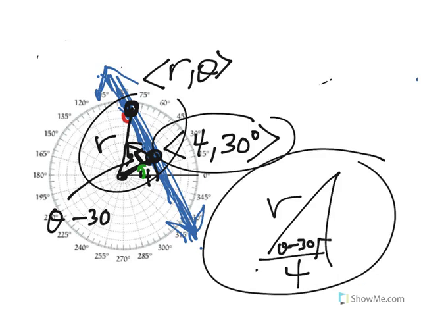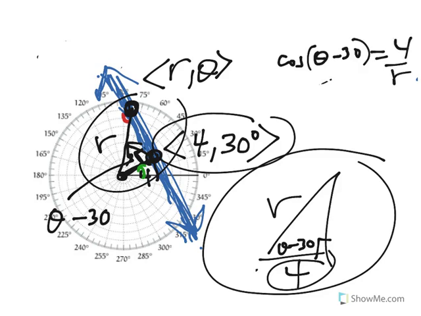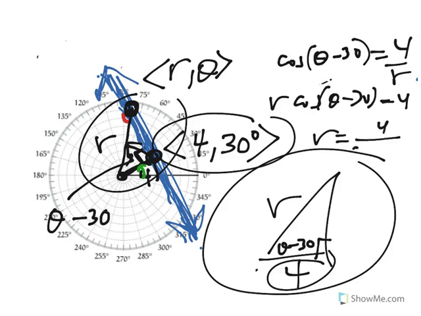The 4 is the adjacent side, so cosine of theta minus 30 is equal to adjacent, which is 4, over hypotenuse, which is r. Multiply both sides by r: r cosine of theta minus 30 equals 4, and finally r equals 4 over cosine of theta minus 30.